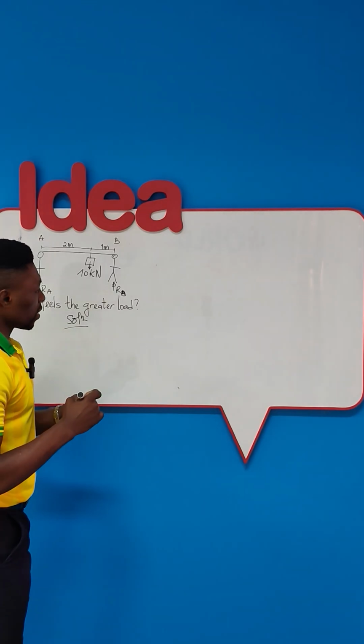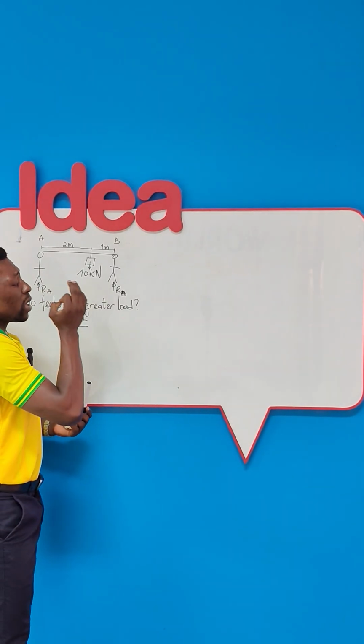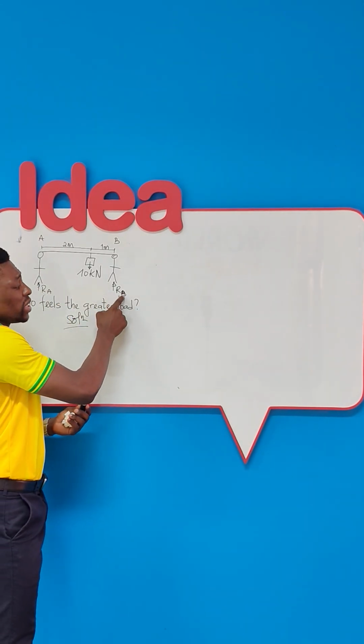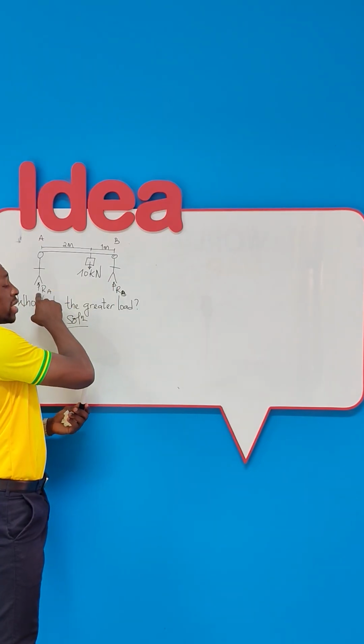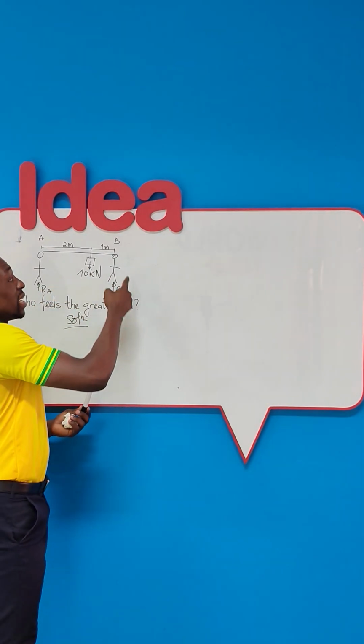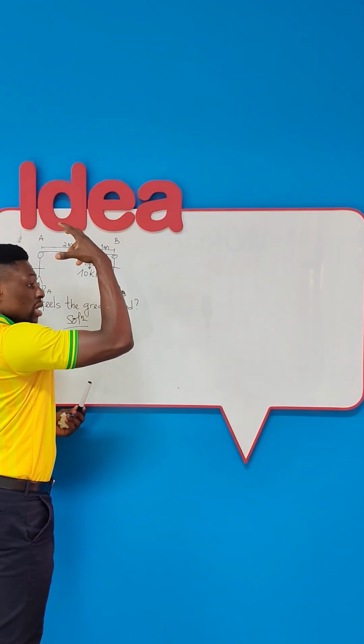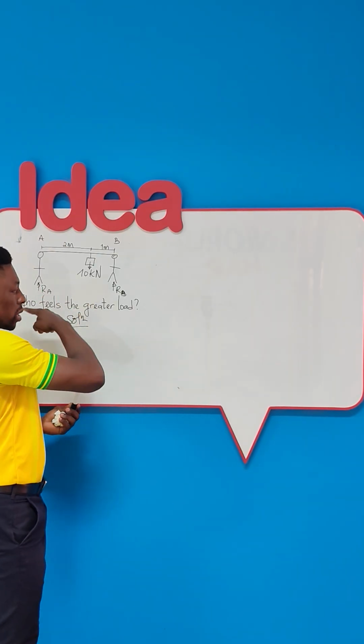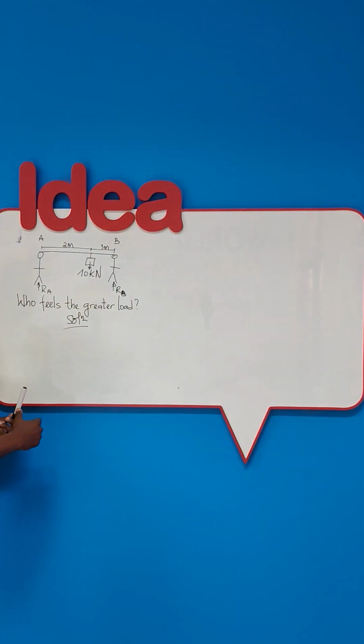So the summary of this question is, if we are able to show that RB is greater than RA, then we can conclude that worker B carries or feels the greater load than worker A, alright? So let us get started.